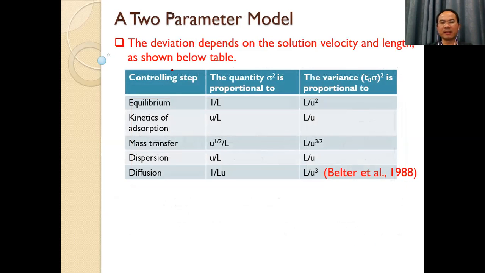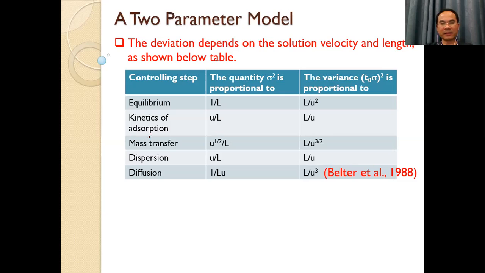The deviation depends on the velocity and the length of the column. If equilibrium is controlling, the variance is proportional to 1 divided by L, and sigma squared is L divided by U squared. If the kinetics of adsorption is the main effect, then sigma squared is U divided by L, and the variance is L over U.